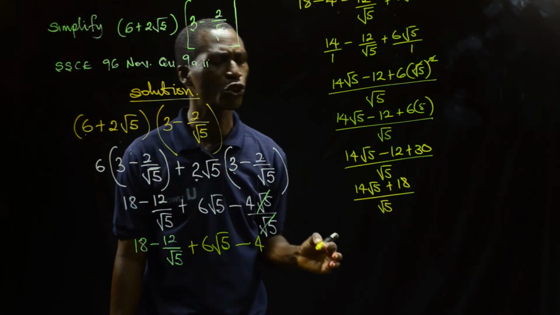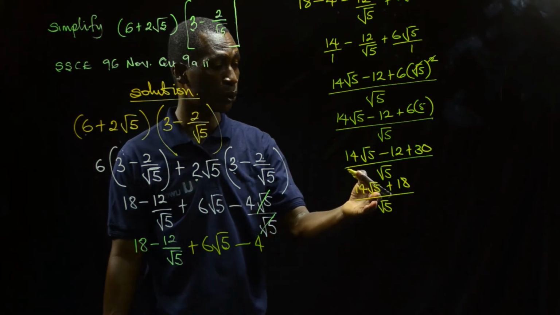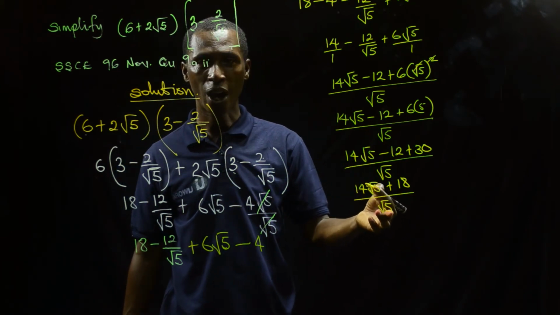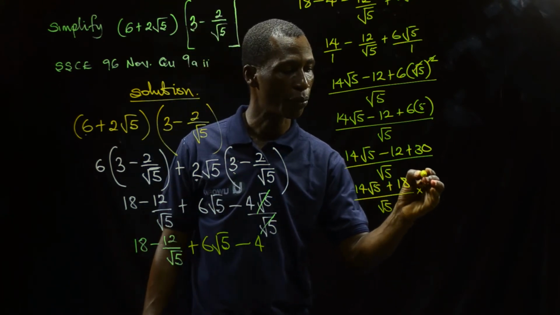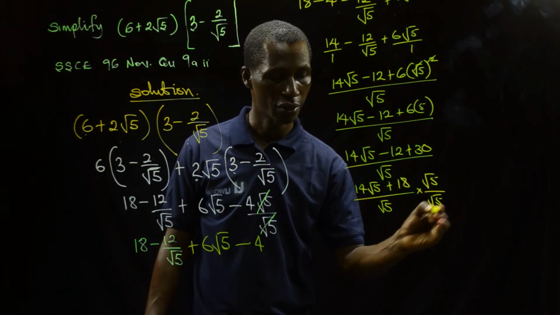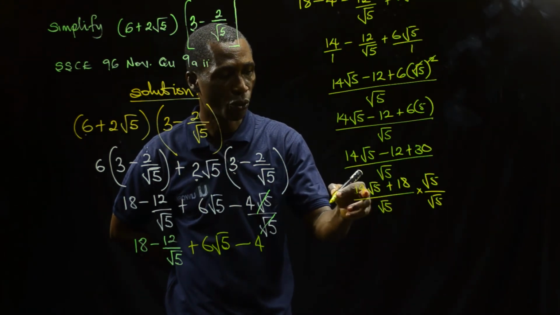Good. Never solve any mathematical question whereby your final answer contains a denominator which is a surd. Anytime you have this, we say you have to rationalize. So I will now multiply the top by root 5 and the bottom by root 5. So this root 5 is multiplying 18 and multiplying 14 root 5 too.